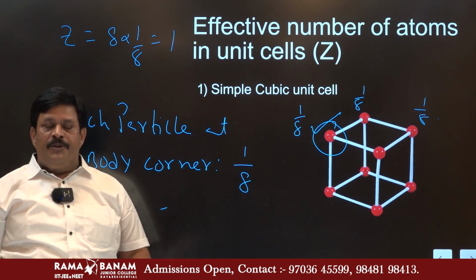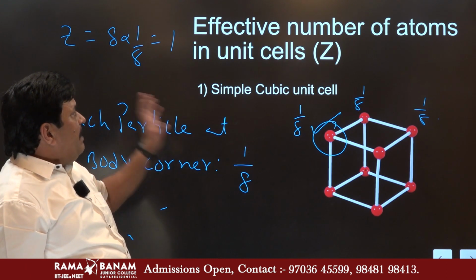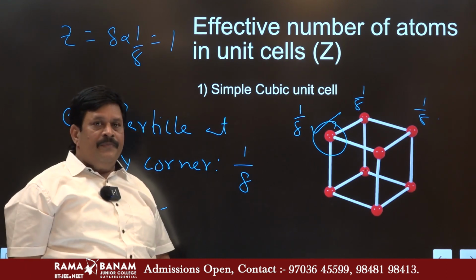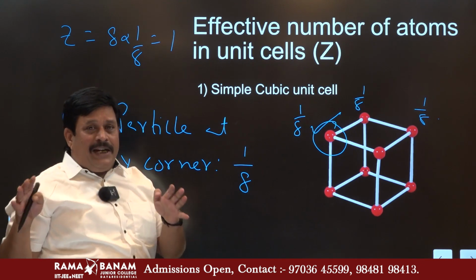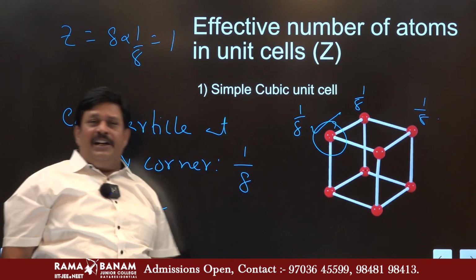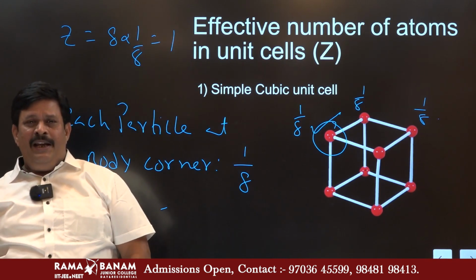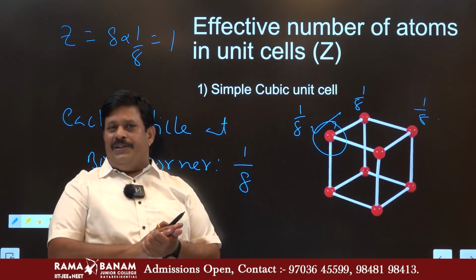One more time, students. Now we will calculate the effective number of atoms. What it means? The actual contribution of particles per one unit cell. And here we are calculating for the simple cubic unit cell. We all know simple cubic means particles are at body corners.